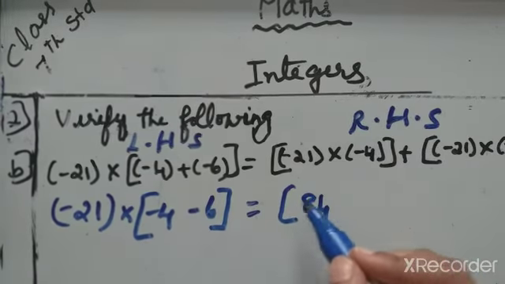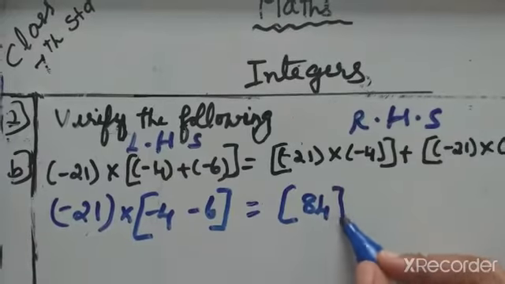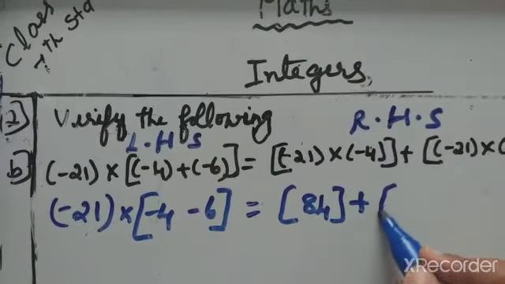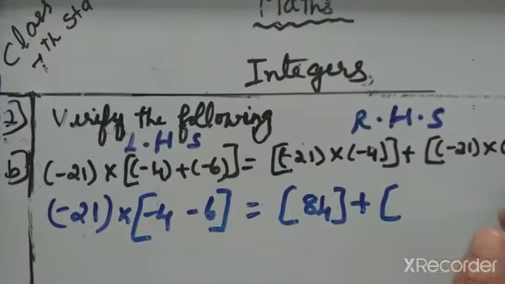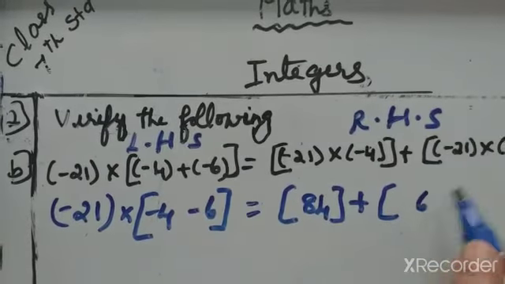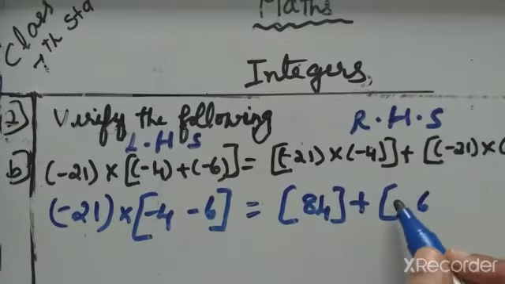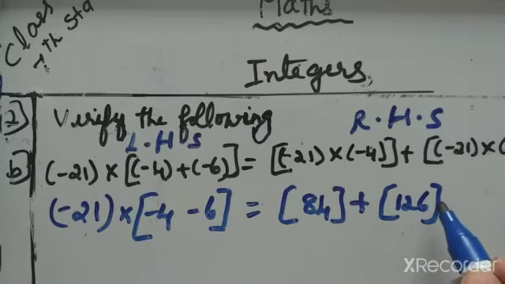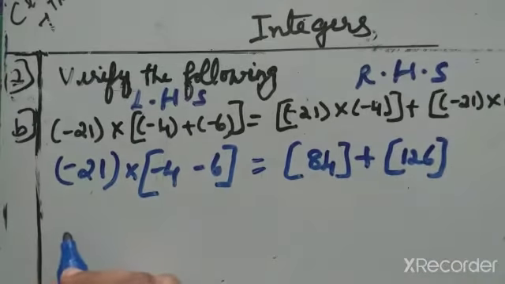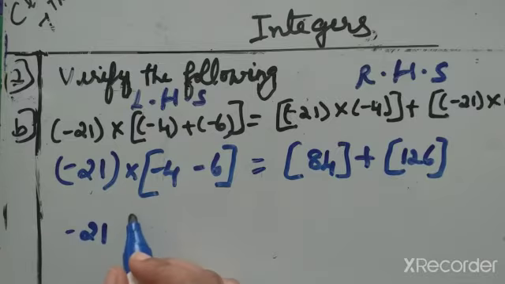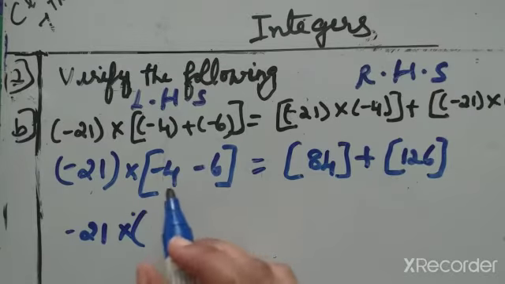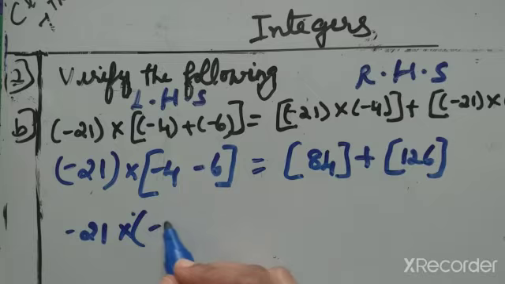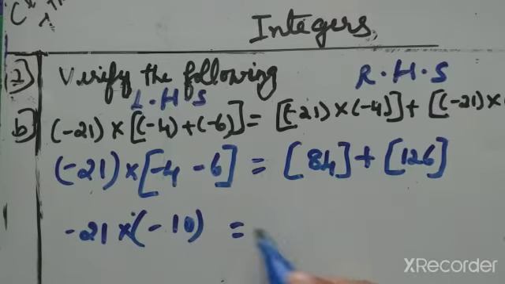Minus into minus is plus, and here plus symbol, bracket, 21 into 6: 6 ones are 6, 6 twos are 12, so 126. Minus into minus is plus. Now minus 21 into bracket minus 4 minus 6 means minus 10, equal.